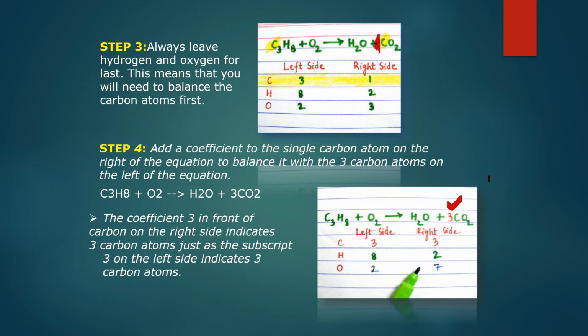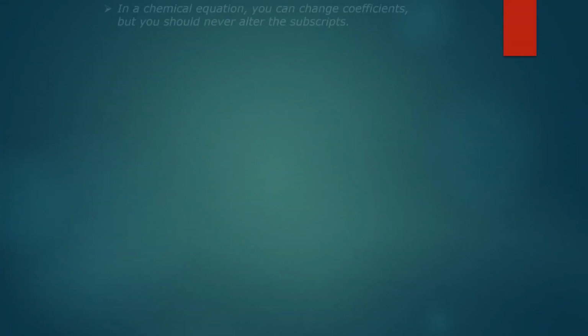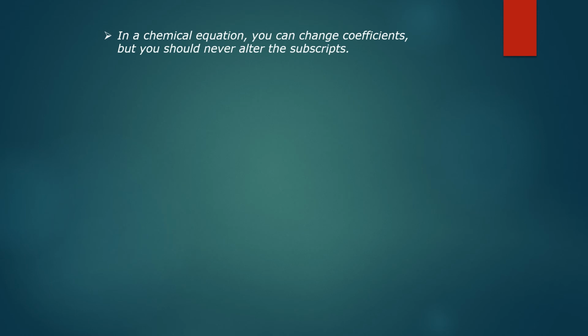But what has happened when you write 3 in front of CO2? We have added 3 into 2, 6 atoms of oxygen to the right hand side. Then our total number of oxygen becomes 7 on the right hand side. In a chemical equation, you can change the coefficients, but you should never alter the subscripts.